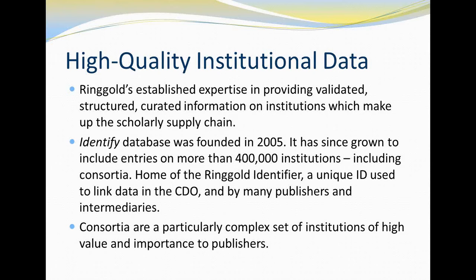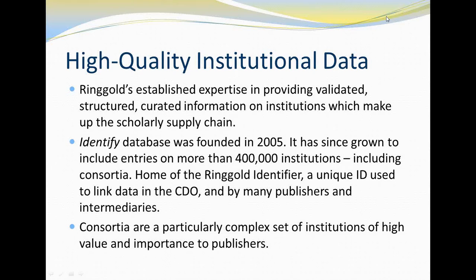Talking a bit about the institutional data side of the Ringgold business. Like I said, the Identify database was founded 10 years ago, and it's a database of institutions that are found in the scholarly supply chain. So institutions that license your content, publishers, intermediaries, and including consortia. The Ringgold identifier is a unique numerical identifier.